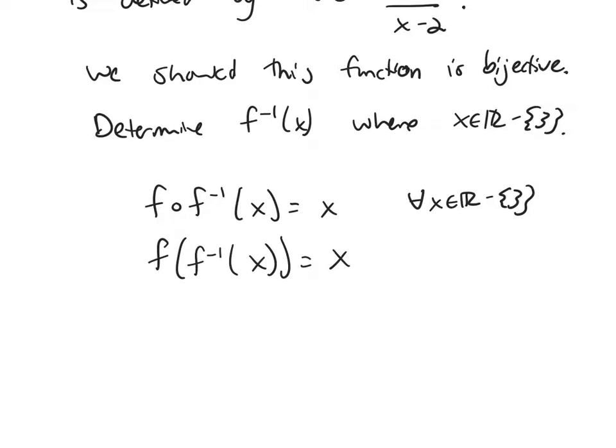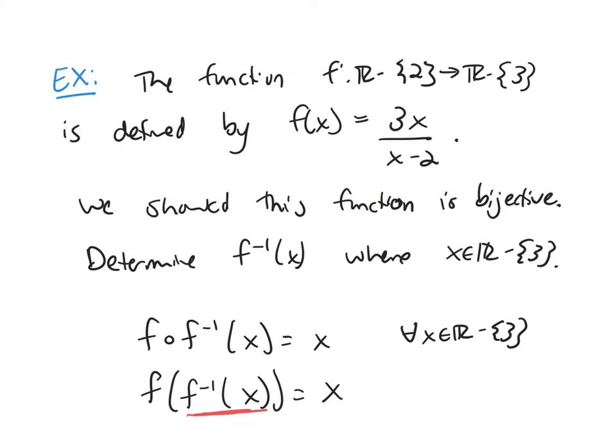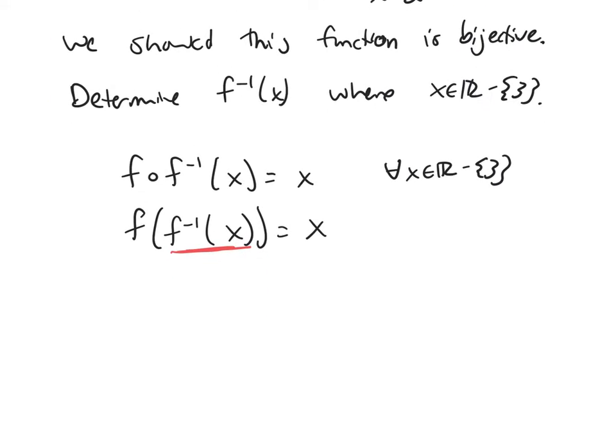And so now I'm going to use my definition of f and replace x by this. So remember, here's my function for x. So it'll be 3 times f inverse x over f inverse x minus 2.